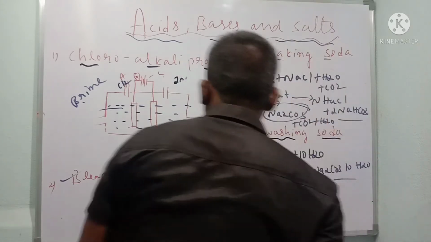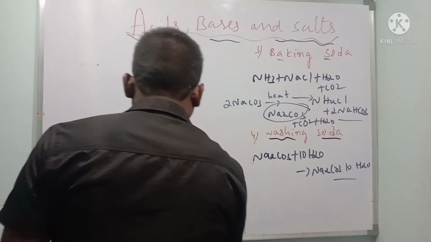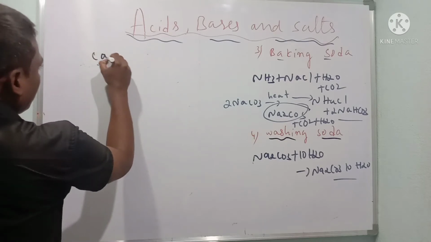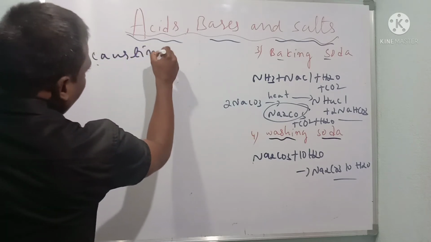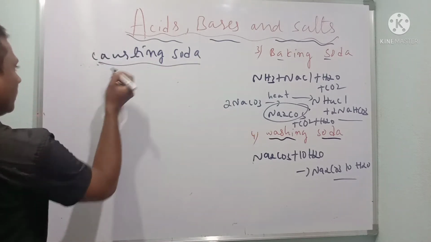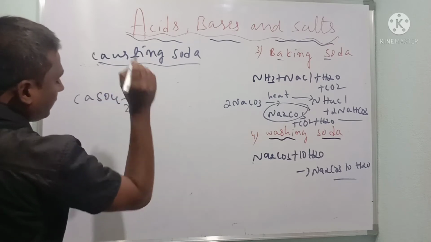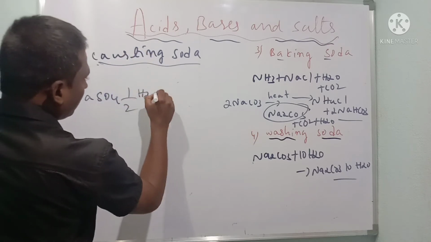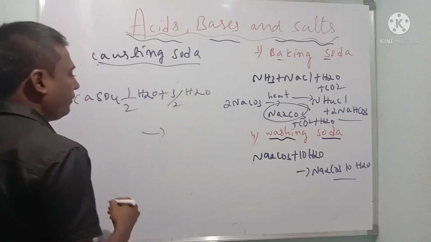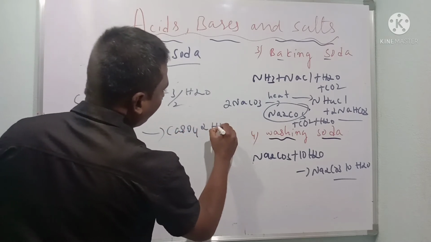So later on, let us move to a very important point, preparation of plaster of Paris. So that is very easy, children. When I take calcium sulfate hemihydrate and react it with 3/2 times water, it is going to form calcium sulfate dihydrate.